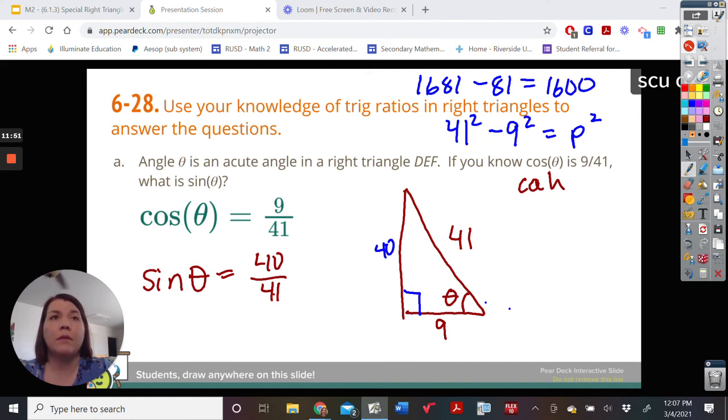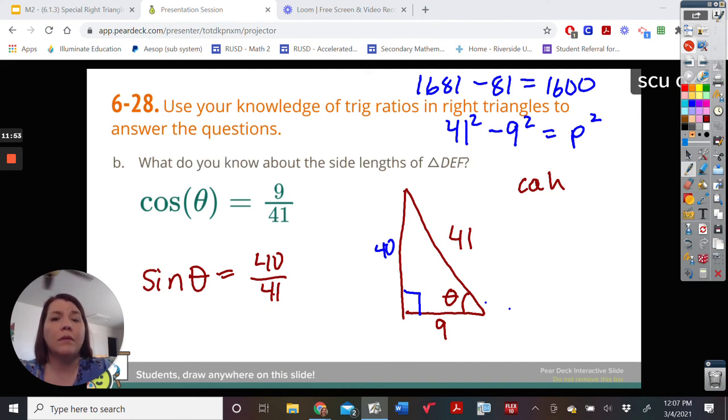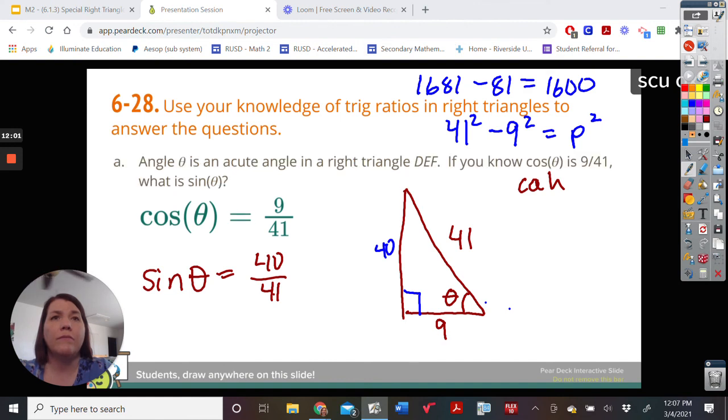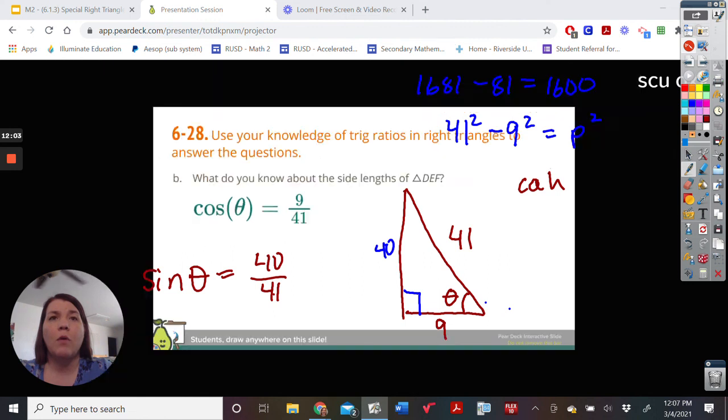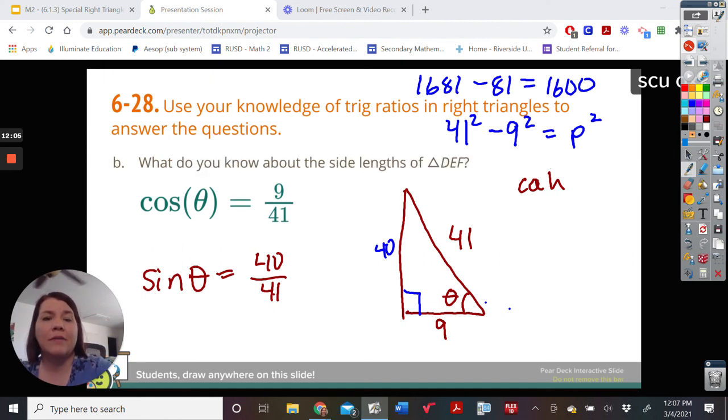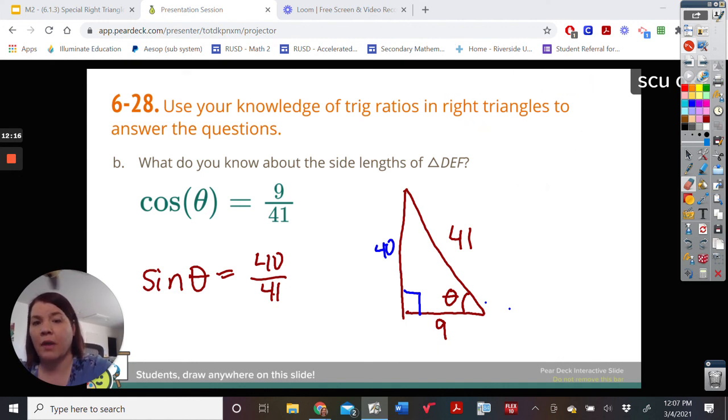Given that I had a triangle in the previous thing, what I know about the side lengths is that they will fulfill the Pythagorean theorem. I think it expected me again to do that another way. So I can find the side lengths by doing that. Okay. I think it was expecting me to use sine squared plus cosine squared. I just didn't. Sorry, guys.